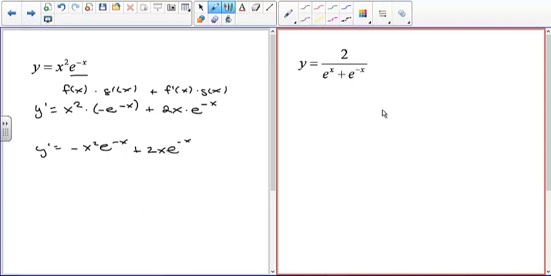Now this one, you would have to rewrite this as 2 times e to the x plus e to the minus x, to the minus 1 power.